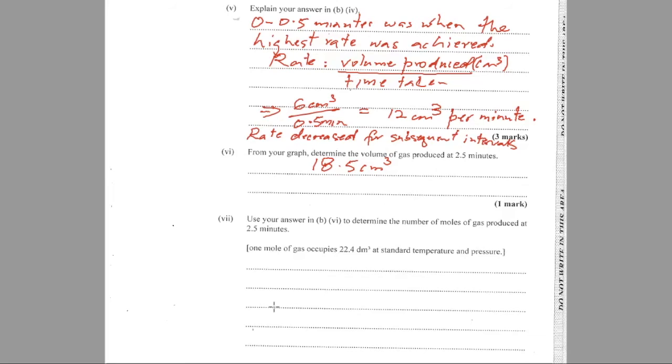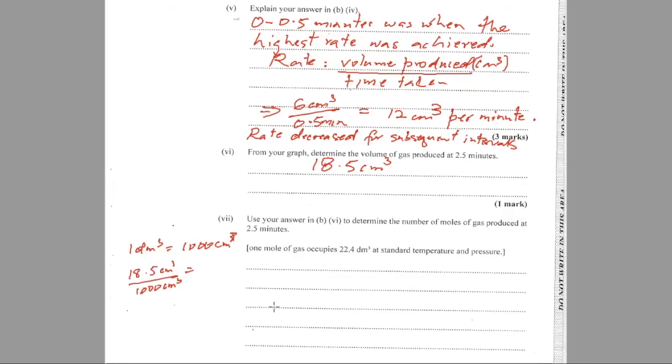So 1 dm³ is the same as 1000 cm³. So for the first mark, we're going to convert our 18.5 cm³ to dm³. So we'll say 18.5 cm³ divided by 1000 cm³, and that will give us the volume that we just found in dm³.